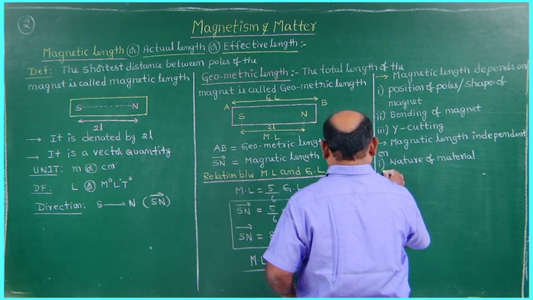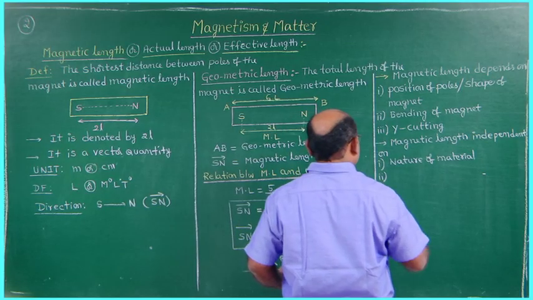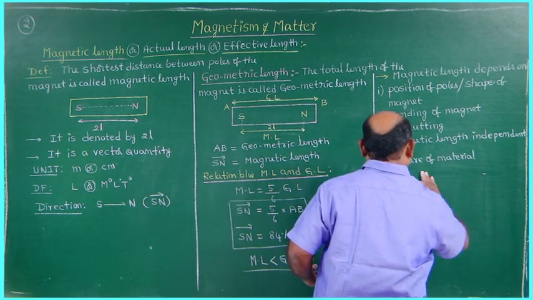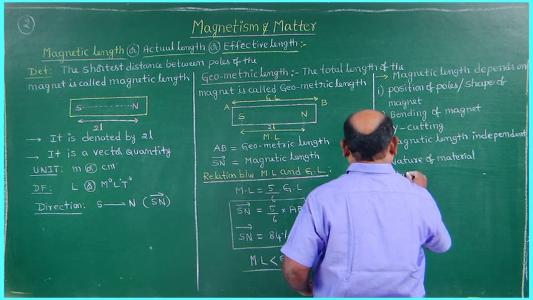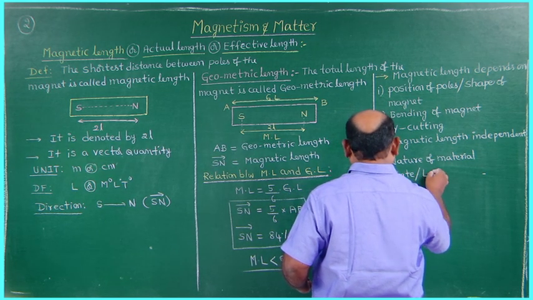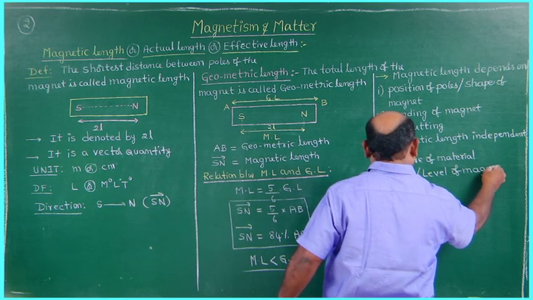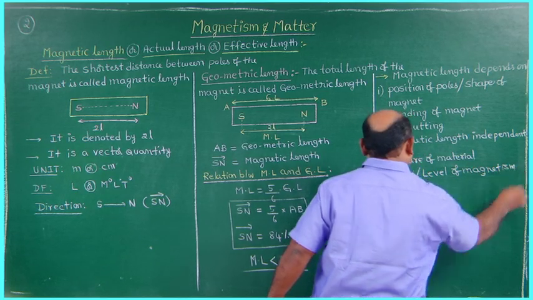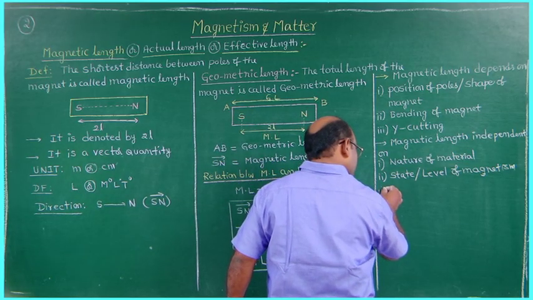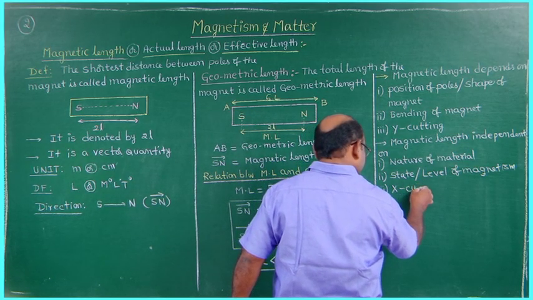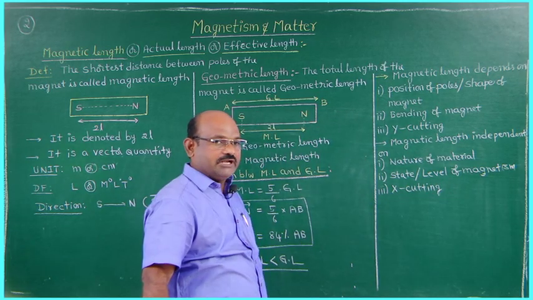Number 2, magnetic length is independent of the nature of the material, and also state or level of magnetism. Third one, X cutting. I will explain these through problems. Meanwhile, just note it down.